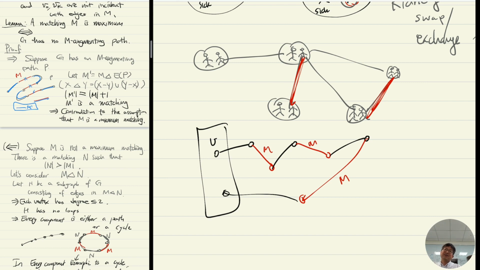But then Jack Edmonds, a Canadian mathematician known for his breakthroughs in matching theory and combinatorial optimization, came up with a new algorithm that has a polynomial running time.